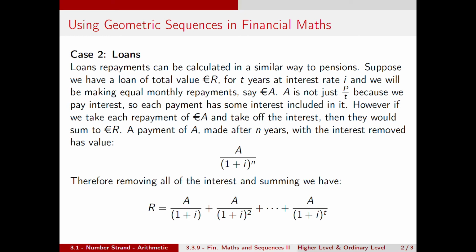So if we remove all of the interest and sum, we then have that R, which is the total value of the loan, is equal to A all over 1 plus I, so we've removed the interest, plus A all over 1 plus I squared, again removed the interest, and so on, plus A all over 1 plus I to the power of T, T being the amount of time that has passed, whether that be years, months, and so on.